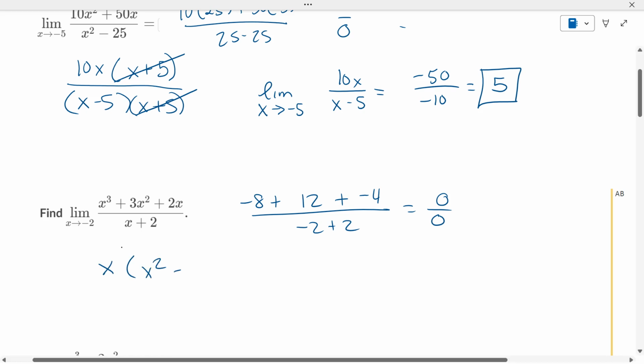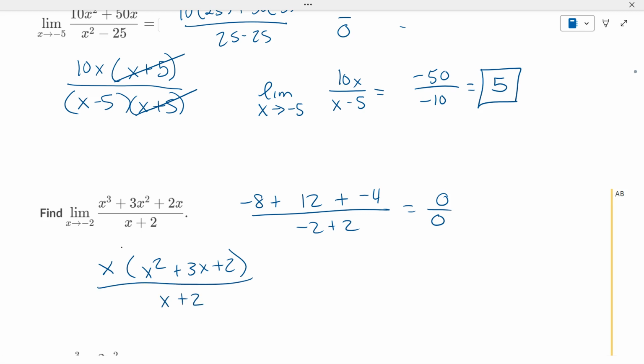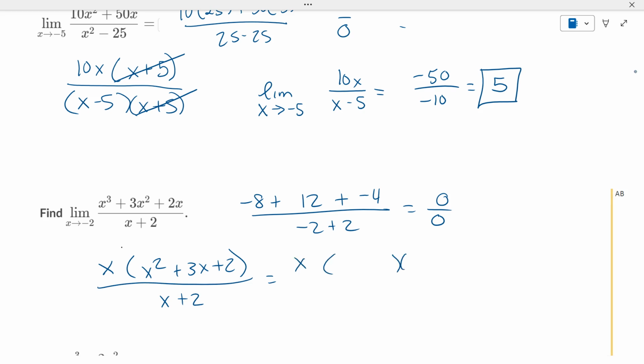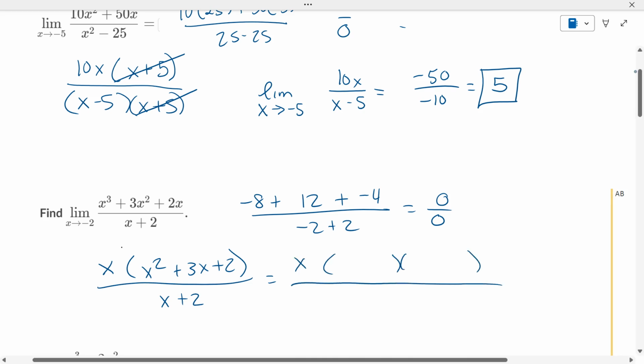You get x squared plus 3x plus 2. Now, if you're a smart person, which I think all of you in here are, you see an x plus 2 in the denominator. So what do you think one of the factors in the numerator will be? X plus 2. I'm glad the smart people answered.